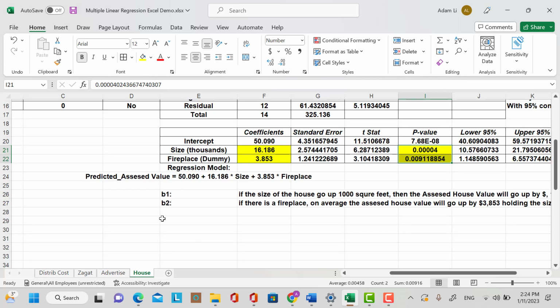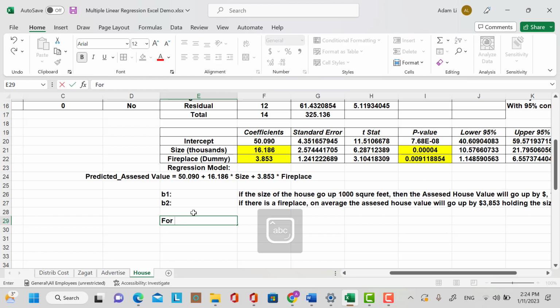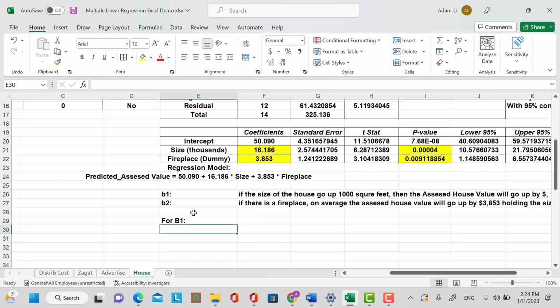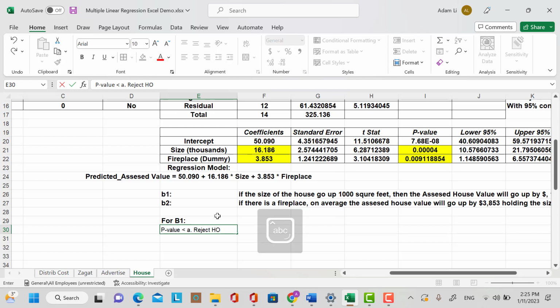That means for beta 1, we tested each individual independent variable here. Since the p-value is smaller than alpha, 0.05, we reject H0. H0 is beta 1 equals 0.